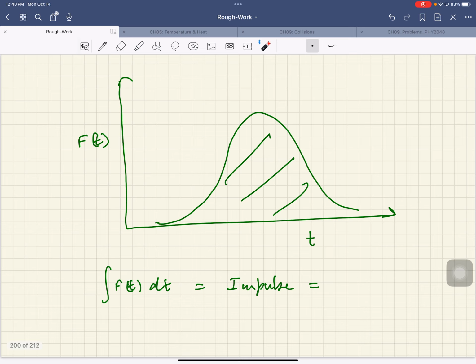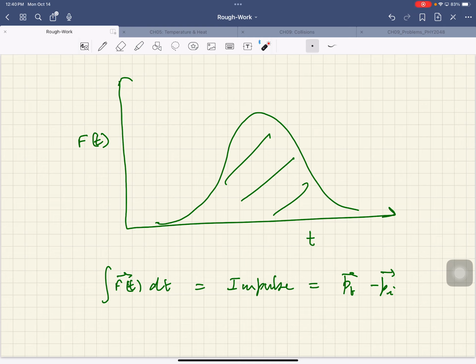This impulse will equal change in linear momentum. So now that you learn about linear momentum, you will be able to handle forces that change in time. So you've learned how to handle forces that change with spatial coordinates. You'll learn how to handle forces that change with time.